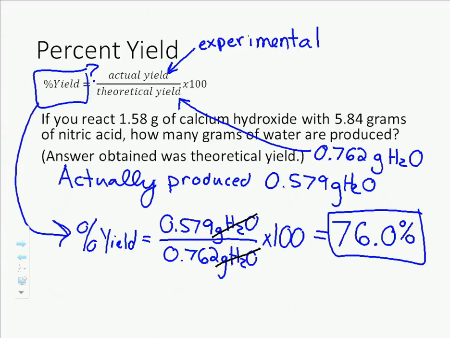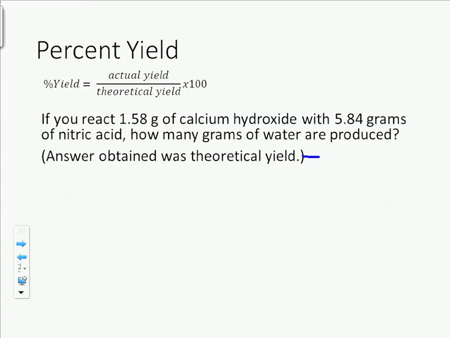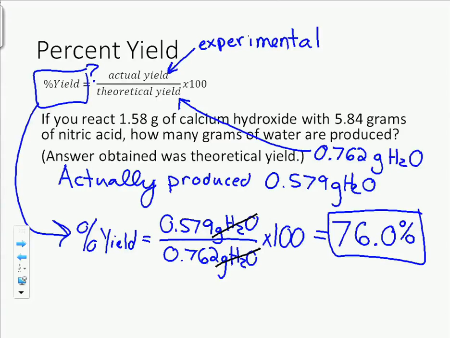Good. What if we did this exact same problem, but I told you had a different percent yield? So 0.762 grams of water is still the theoretical yield. Those are still the exact same. But what's changing is now I'm telling you that this reaction normally only has a percent yield of, let's do 51%.